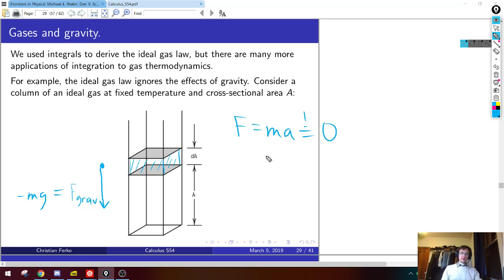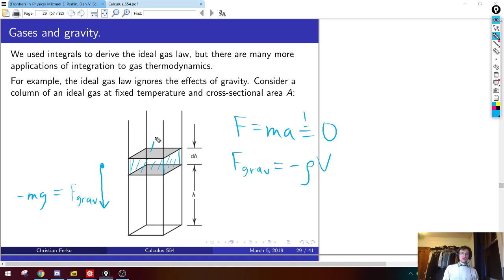Okay, so let's write the three forces. The first one is the gravitational force, which I claim has a minus sign. And then the mass of this gas. What is the mass? Well, the mass is the density, which I'll write with the Greek letter rho, times the volume. We're going to assume constant density, so there's no integrals we have to do. What is the volume?